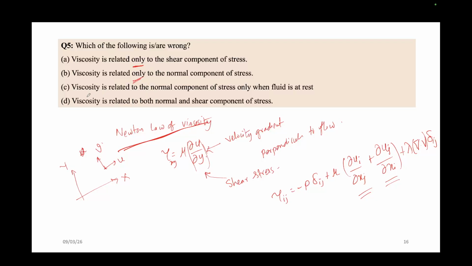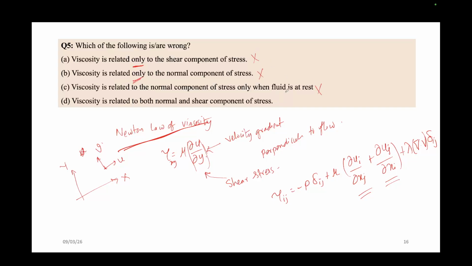So the third option is that the viscosity is related to the normal component of the stress when the fluid is at rest. There is no such component when the fluid is at rest. If the fluid is at rest, then V or U should be zero, so there should be no component. That's why this is also wrong.